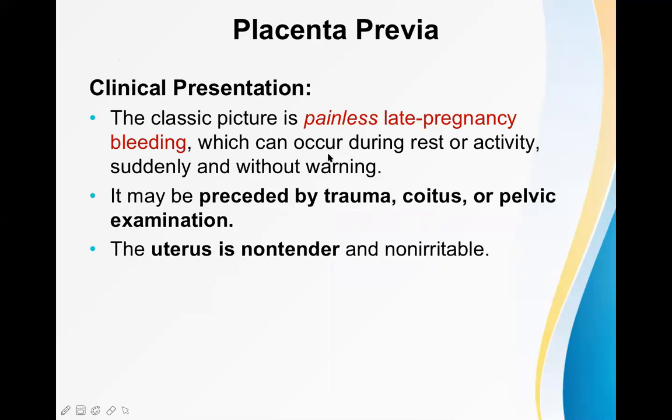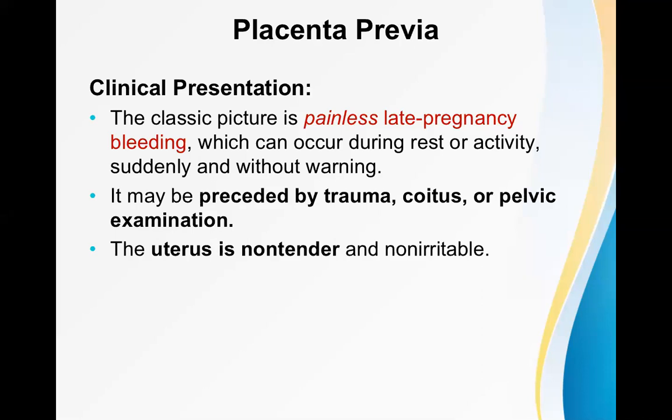That bleeding can occur during rest or activity, suddenly and even without any warning. So these are the important points. That bleeding may be preceded by trauma, coitus or sexual intercourse, or during pelvic examination. These are some of the precipitating factors for bleeding in case of placenta previa.